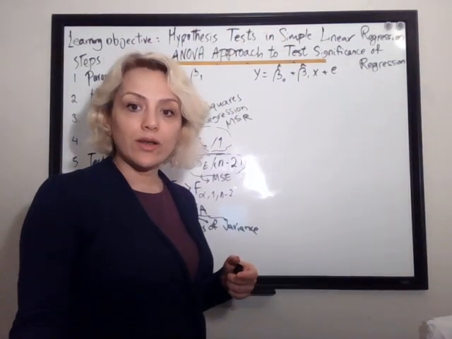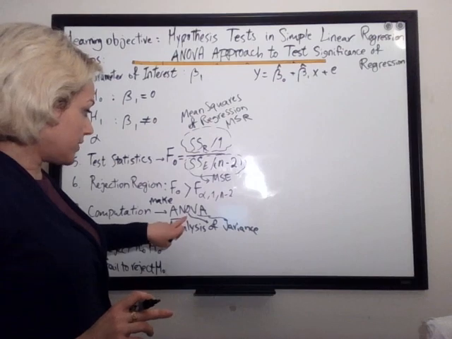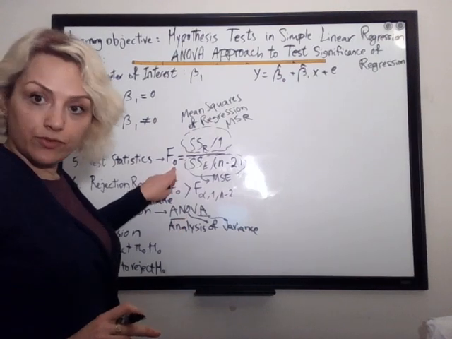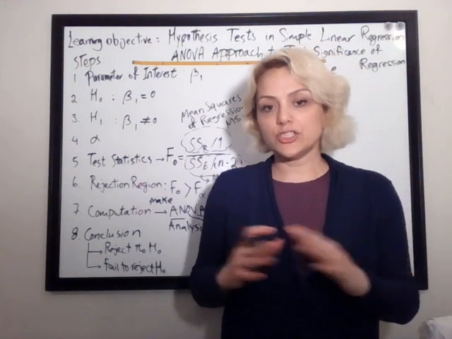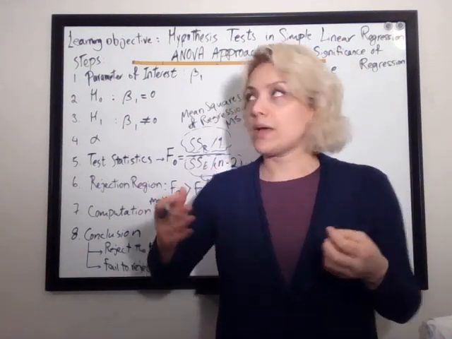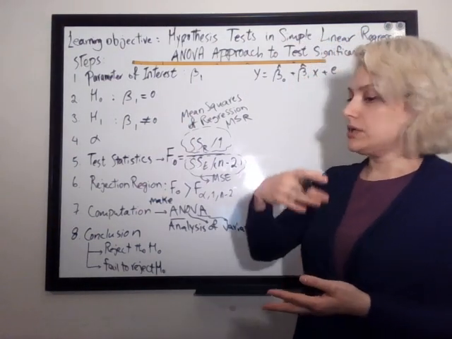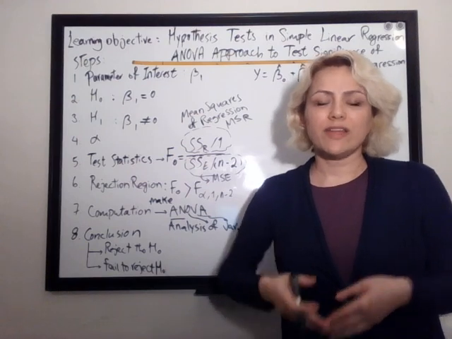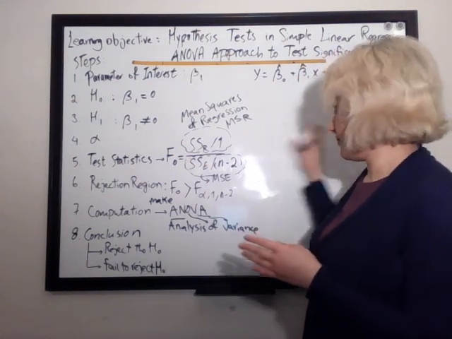Now let's talk about the ANOVA table. As we said, for the calculation, when we want to find F null, we need to do the ANOVA table. The ANOVA table has a general rule. This one is for simple linear regression, but for multiple linear regression, whenever you want to use the ANOVA table, you are going to go with this method.